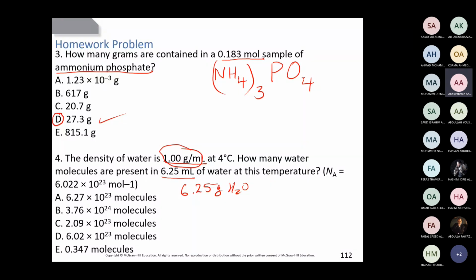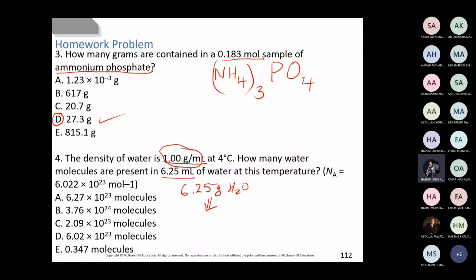How many water molecules are present in this gram? How can you find the number of molecules? What should you do first? Convert to moles. Exactly. Give me the answer for moles. How many moles is this? 0.347.